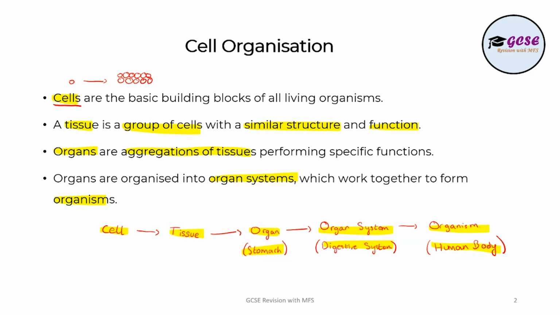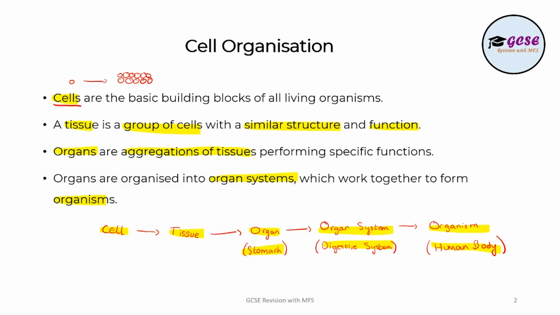A group of cells performing a similar function then gets characterized into a tissue, and then a group of tissues performing a similar function forms an organ, and then a group of organs performing a similar function forms an organ system. And then a group of organ systems, such as the nervous system and the digestive system, you've got loads of organ systems, you should probably be able to name some as well. A group of organ systems then form an organism.